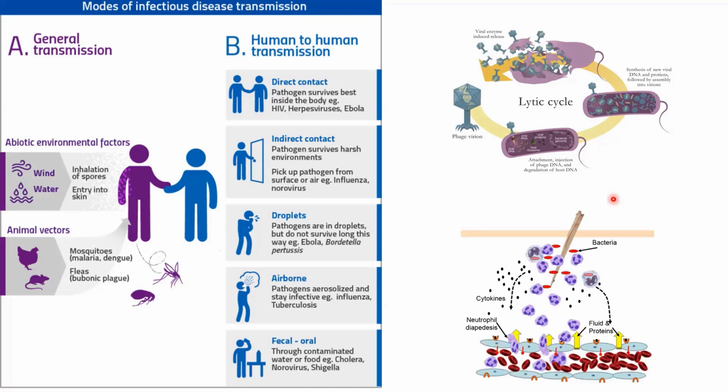The other thing can be that the virus or the bacteria, whatever the pathogen is, can release certain chemicals that can actually damage the host tissue. So in this case, let's say the pathogen is bacteria here. This bacteria is going to release some chemicals in this space which are going to attract the immune cells of the body, or activate the immune response of the body, whether it's a plant's immune response or an animal's immune response.